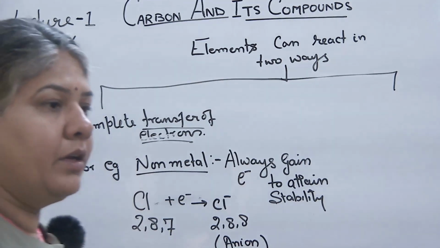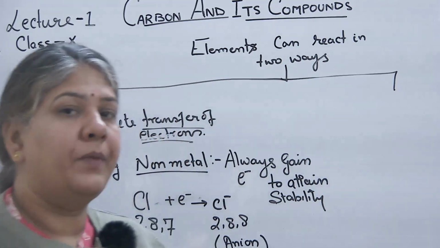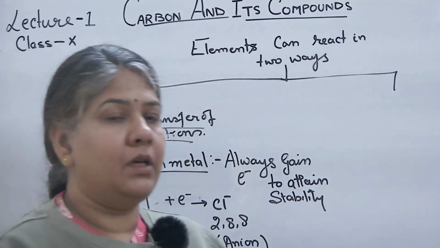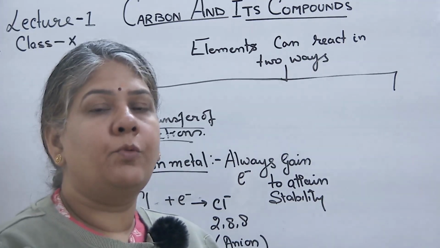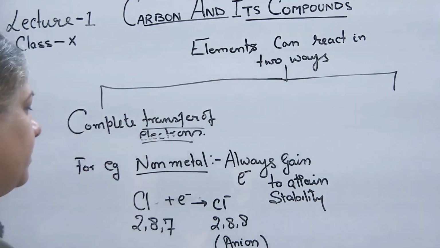So this way metals lose electrons and non-metals gain electrons, and by their interaction the compound that is formed is called an ionic compound.